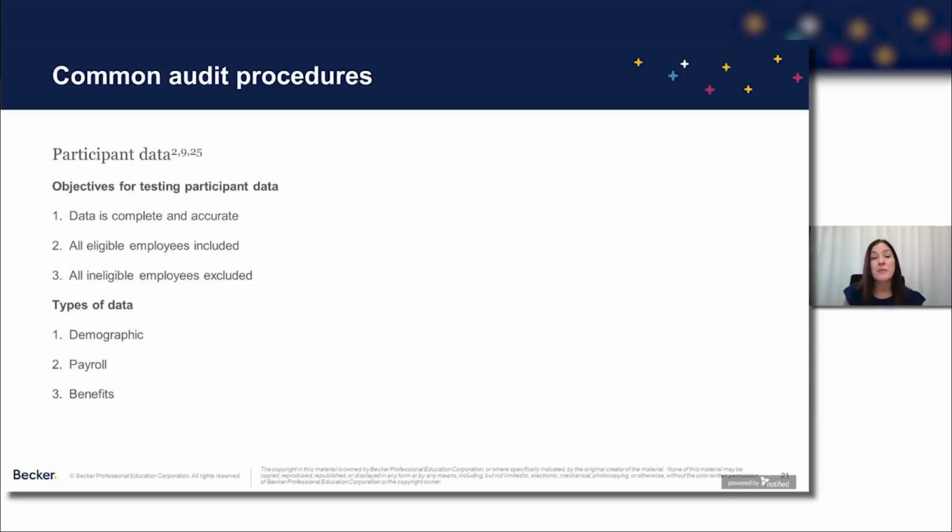Well, now you may not have hard copy paper documents for anything, or it could be some combination of hard copy paper and electronic information. A lot of this information, the demographic information and even payroll information, may be stored electronically. And maybe the client has an HRIS system where, again, all of the information is housed electronically.